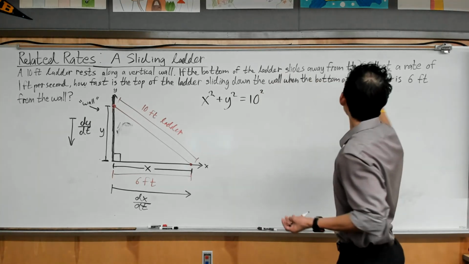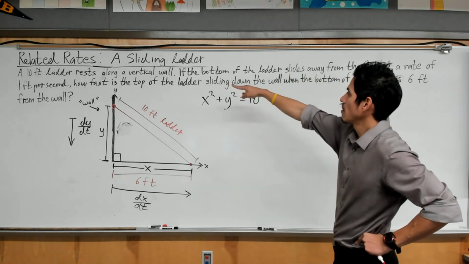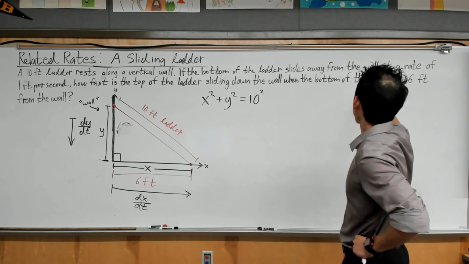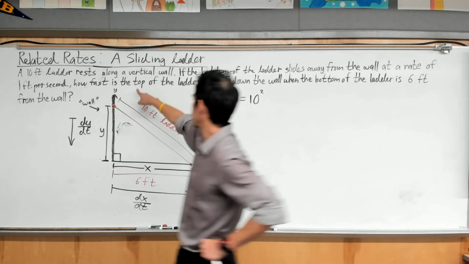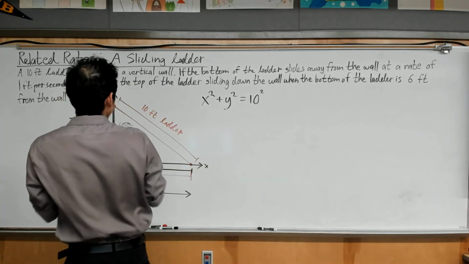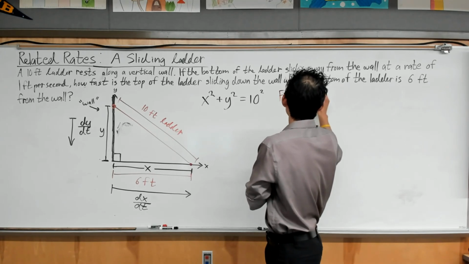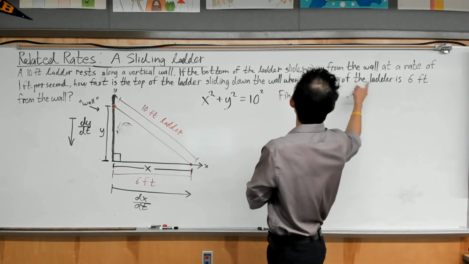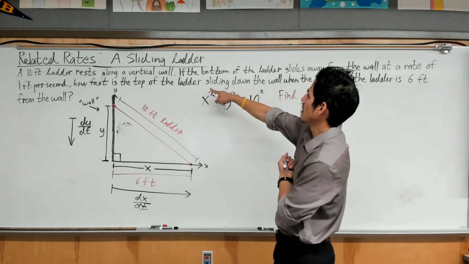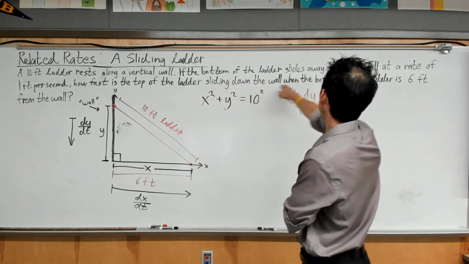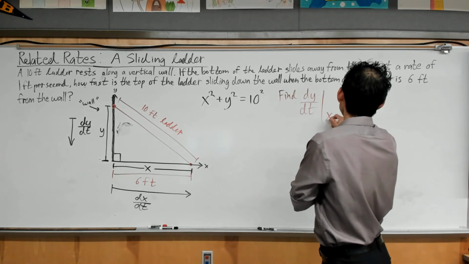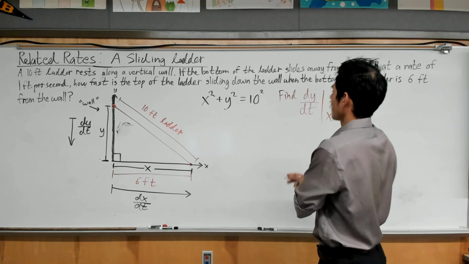Essentially, we want to find how fast the top of the ladder is sliding, so what is dy/dt? Find dy/dt when x equals 6.